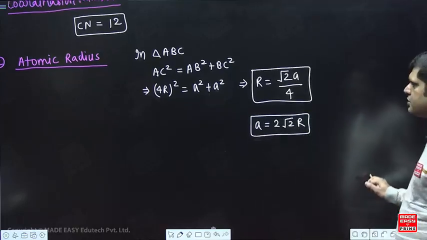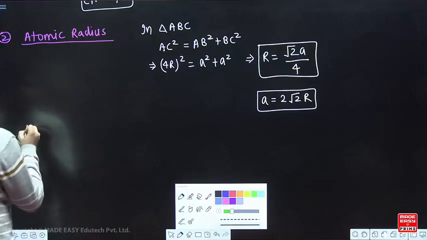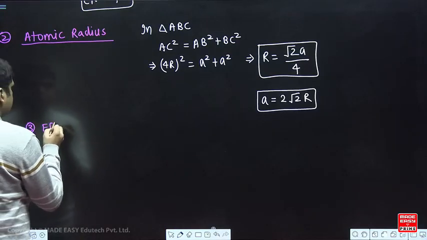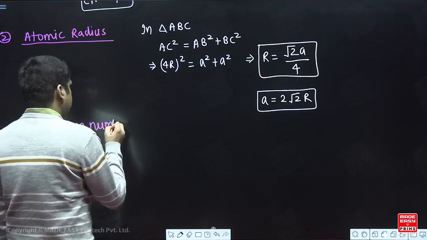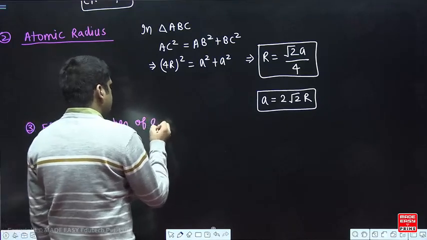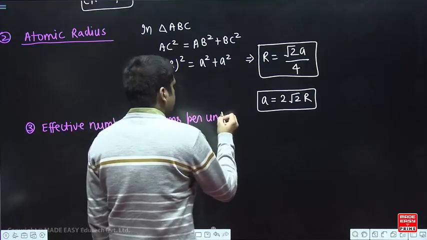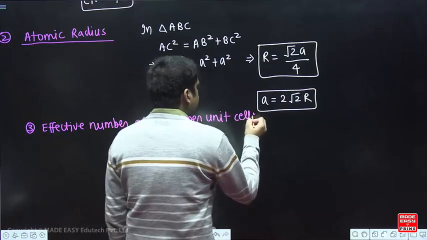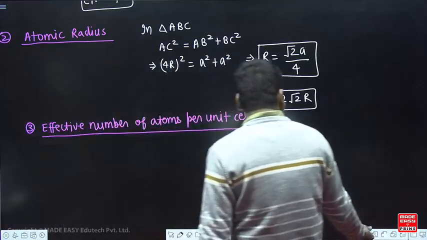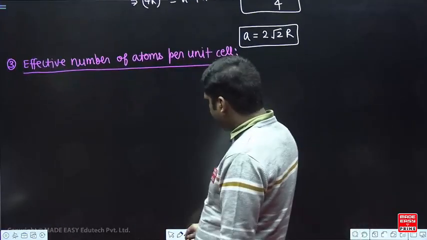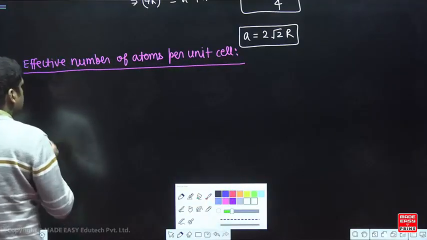This is atomic radius. Now let us calculate effective number of atoms per unit cell. Corner atom still contributes 1 by 8, but each face atom participates in 2 identical cells. So its contribution in a cell is 1 by 2.